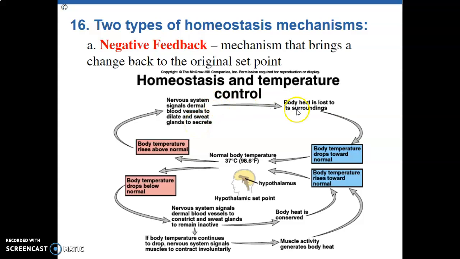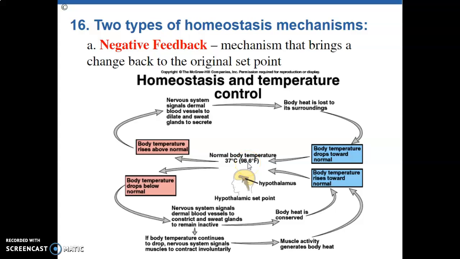Those have the effect of loss of body heat to the surrounding environment. That has the effect of body temperature dropping back towards normal, back to 98.6, which is the set point. So see how in this top example, the body temperature became too high, the body did something to lose body heat, bringing the body temperature back towards this set point of 98.6.